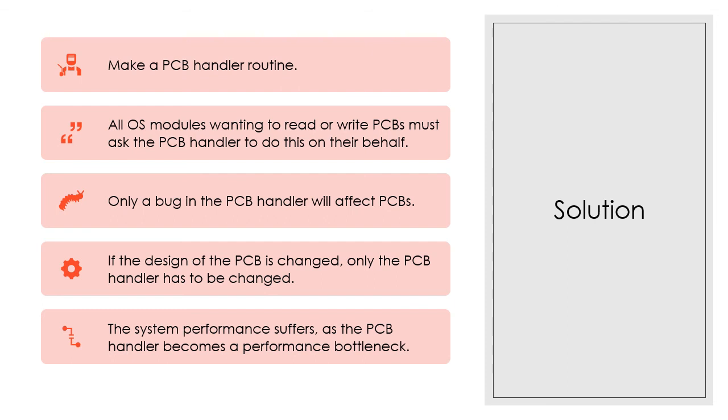Only a bug in the PCB handler will affect PCBs now. If the design of the PCB is changed, only the PCB handler has to be changed. But there is a catch. The system performance suffers as the PCB handler becomes a performance bottleneck.